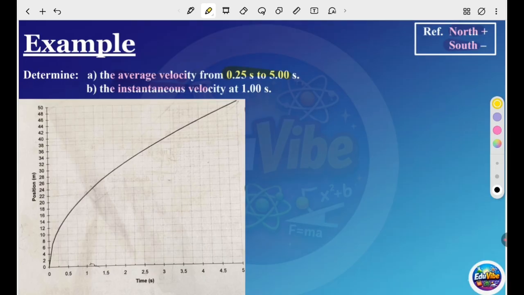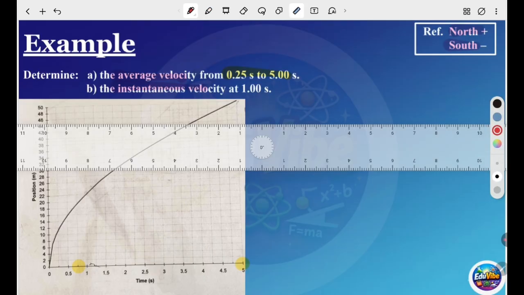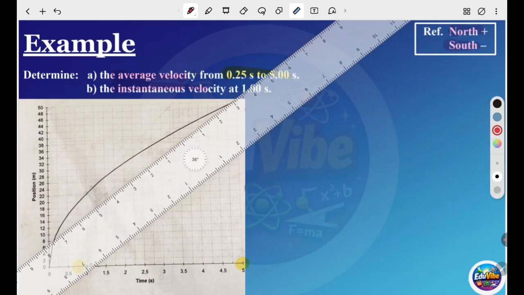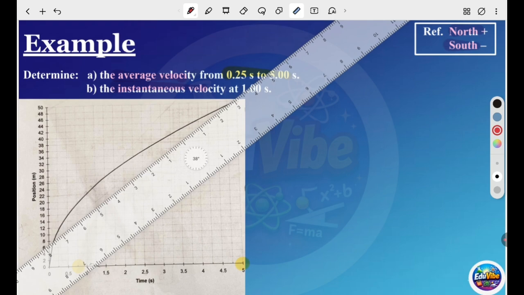To find the secant, we have to touch two points, from 0.25 to 5.00. We have to make one straight line through them. Let's take the scale and draw a line which touches the graph at exactly two points.